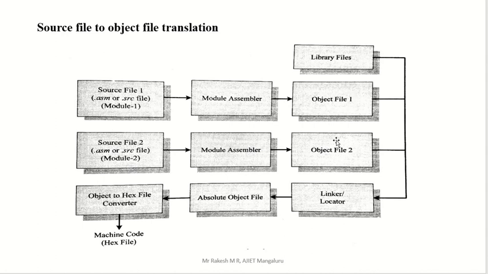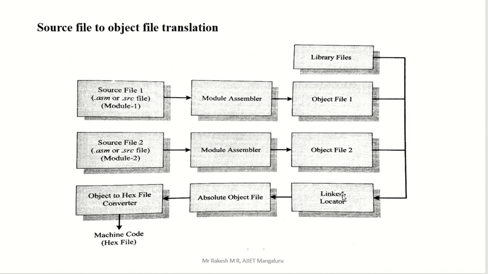And here we have two .obj files, object files, and we are going to include a library file also. It contains some library items, that means library instructions, and everything is combined together.